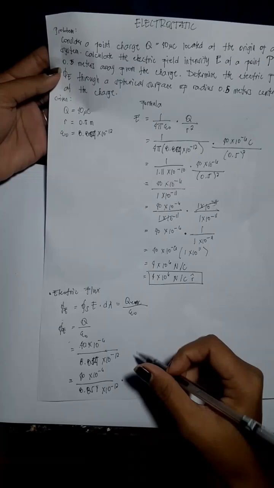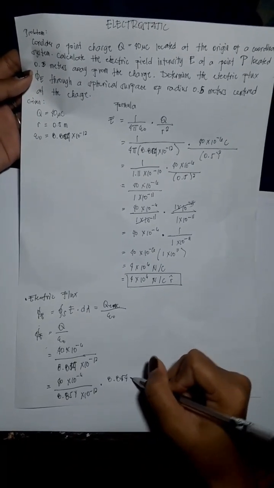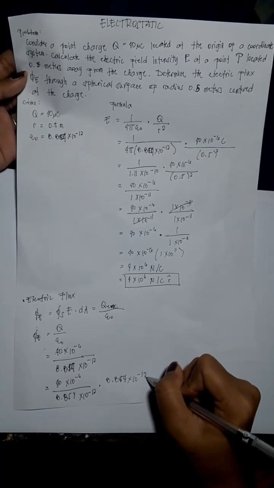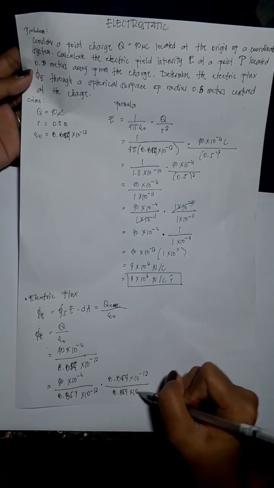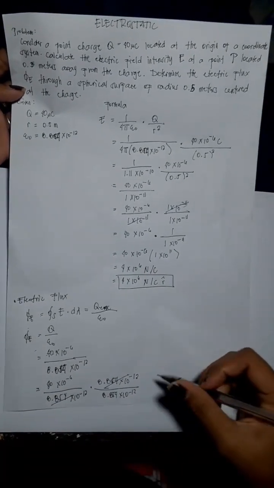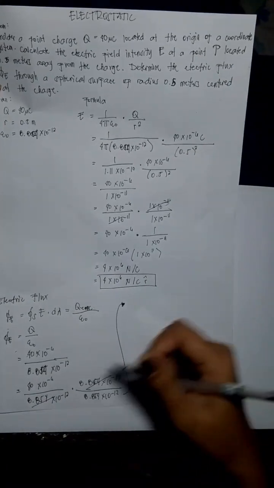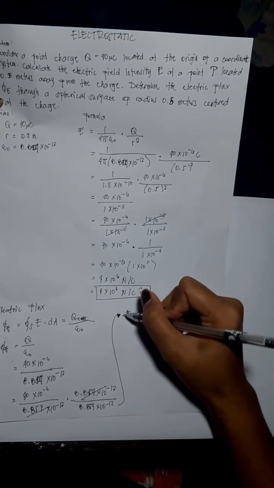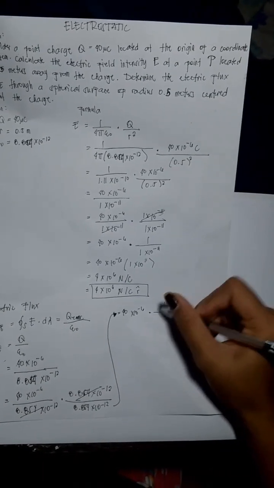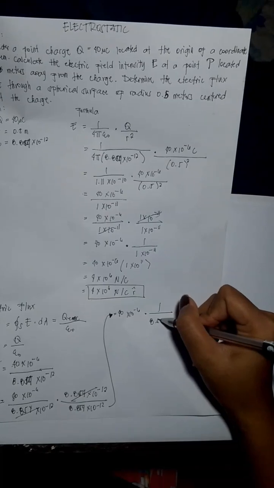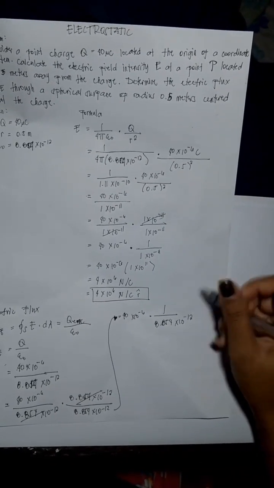We multiply it by its conjugate, 8.854 times 10 to the negative 12 over 8.854 times 10 to the negative 12, and it cancels. So we have 40 times 10 to the negative 6 times automatic 1 over 8.854 times 10 to the negative 12.